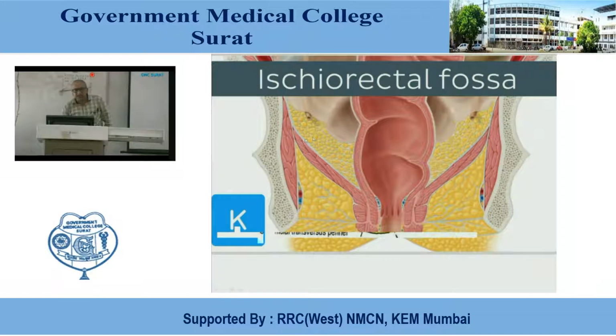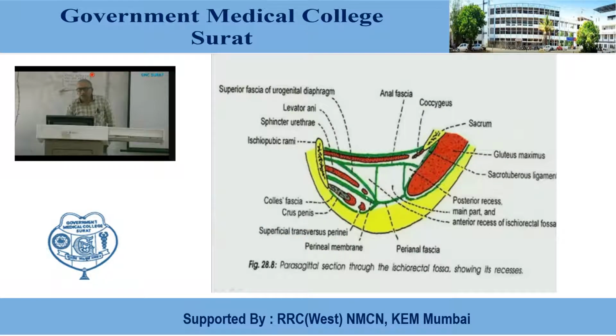Apex, this one is the apex, which is formed by the junction, the meeting between the medial and lateral boundaries. Base is formed by the skin. Anterior is the two perineal muscles, superficial transverse perineal and deep transverse perineal. And posterior is the lower part of the gluteus maximus along with the sacrotuberous ligament.